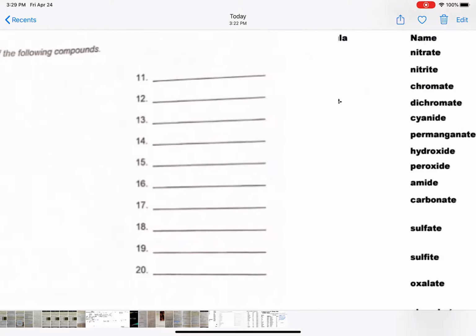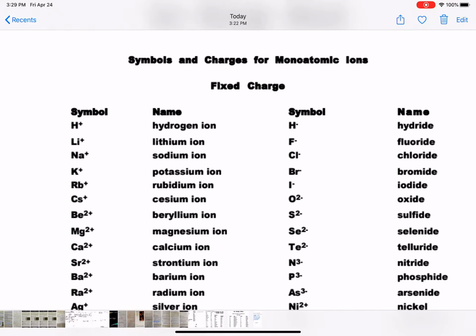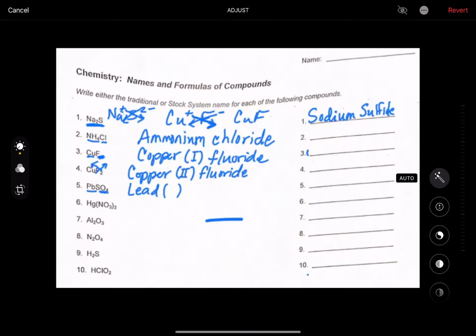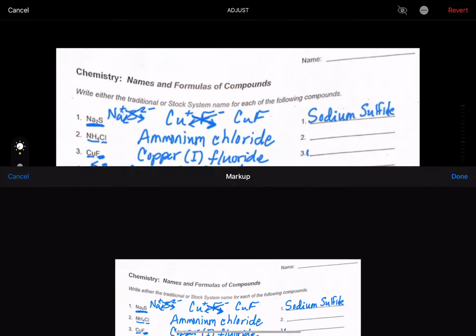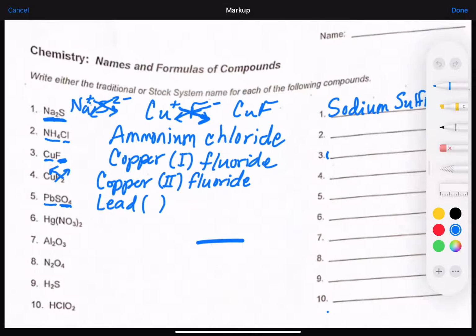We can look at lead since we have it here. Lead could either be over here on the right-hand side, 2 plus, or it could be a 4 plus. So how do we know which one it is? Sulfate we know is a 2 minus. Lead can be either 2 or 4. Well, there's no subscript down here.